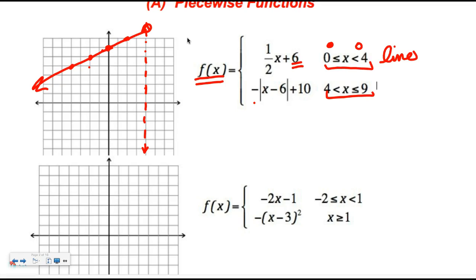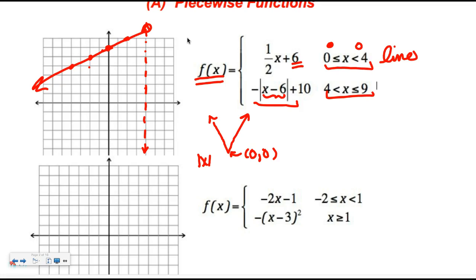We know that the absolute value graph, loosely, we'll talk about the specifics of y later, but it makes this V shape. Let's talk about some specifics. If it was just y equals the absolute value of x, this vertex would be at 0, 0. However, we have a shift to the right.